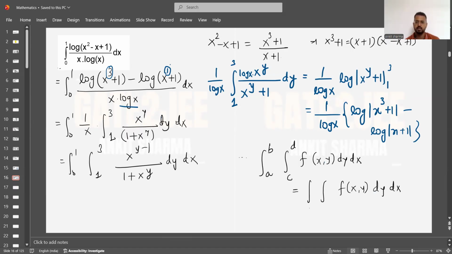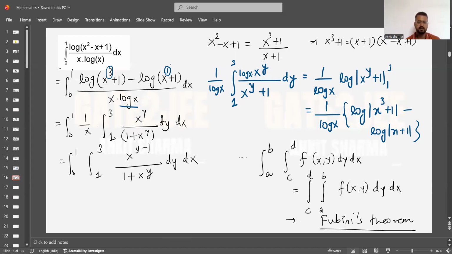So I could write c to d, and then a to b. Just for simple understanding, a, b, c, d are constants; if they are functions, then this converts the entire integration to something else. So I suggest the viewers to watch Fubini's theorem.